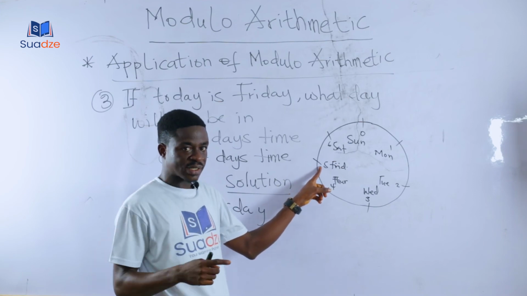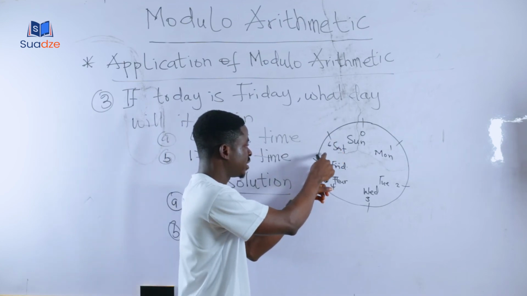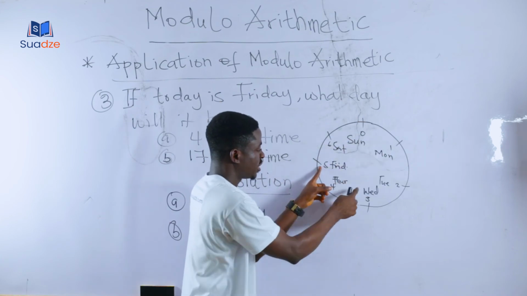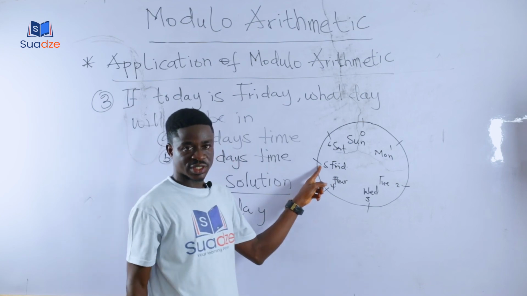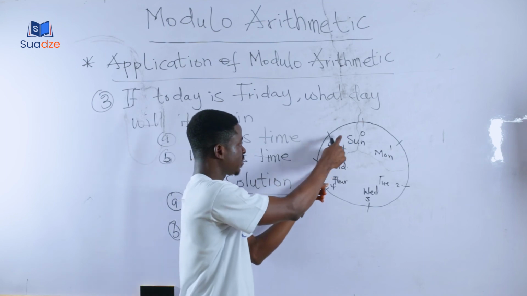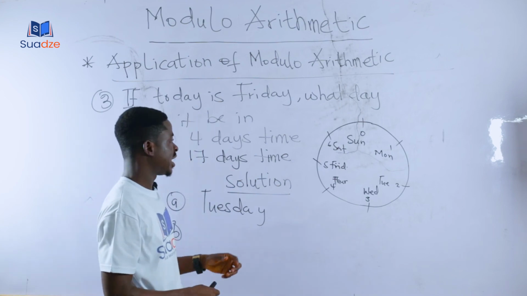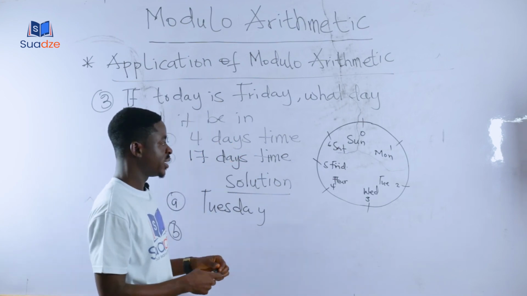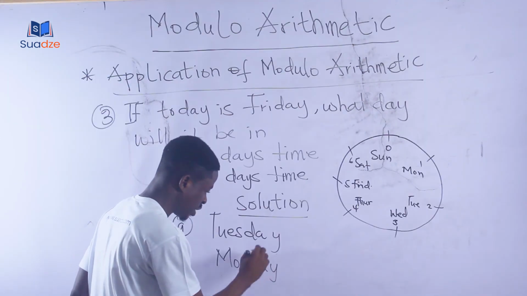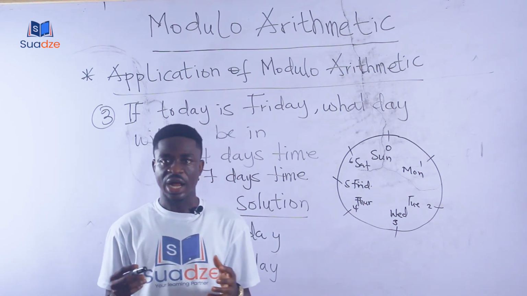If you count another 7, continuing from the 7, 8, 9, 10, 11, 12, 13, 14, which is another Friday. But we want 17 days. So 15, 16, 17, which is Monday. So 17 days time from Friday will give us Monday. So now we are done with the application of modulo arithmetic.